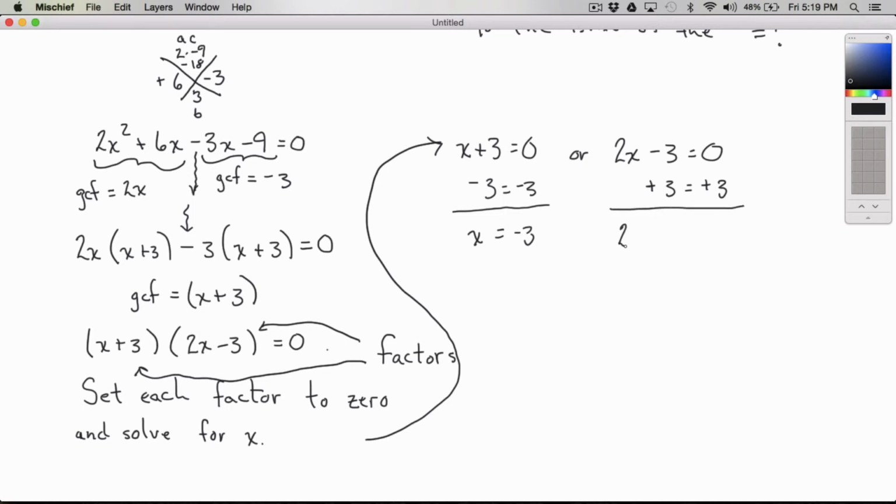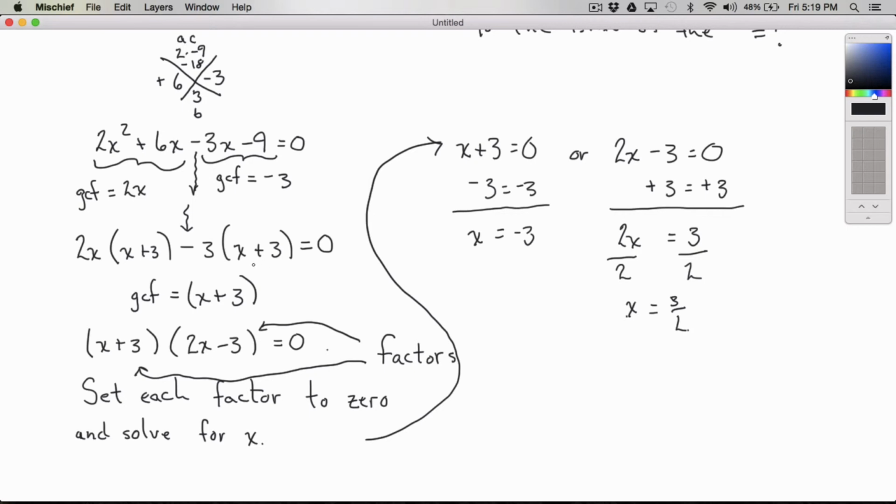Now I have 2x equals 3. Divide both sides by 2. And I have x equals 3 halves.